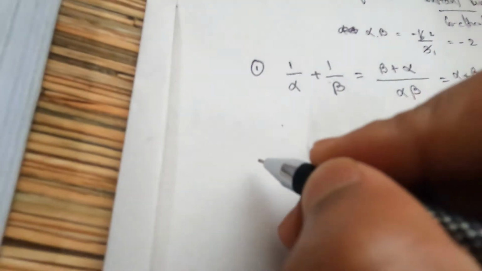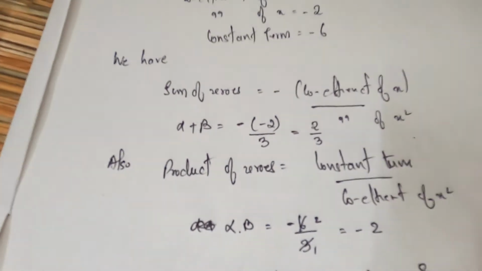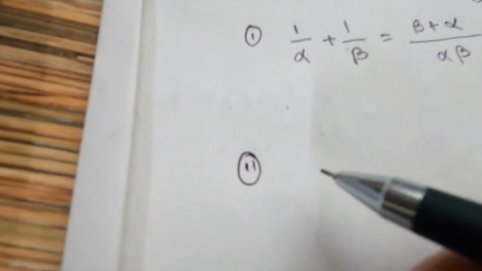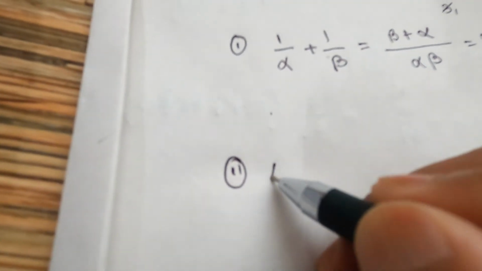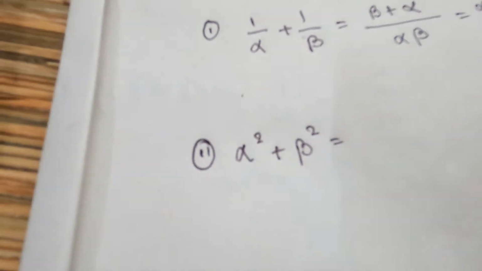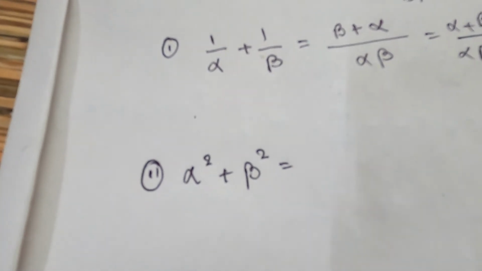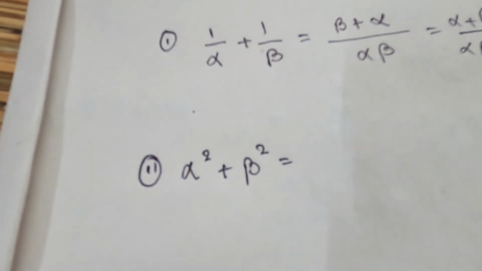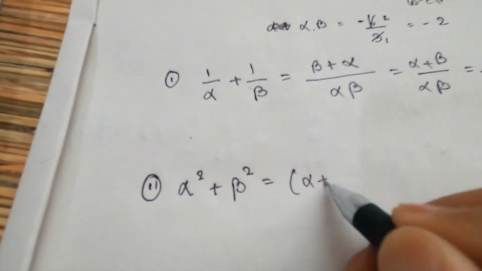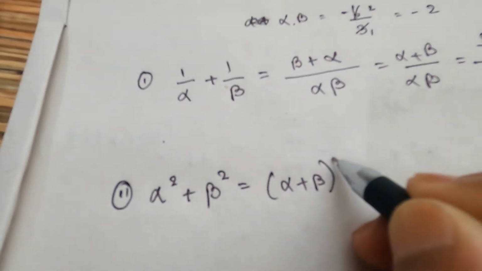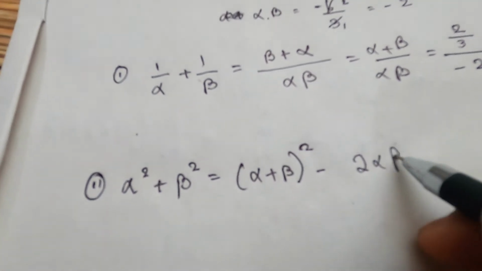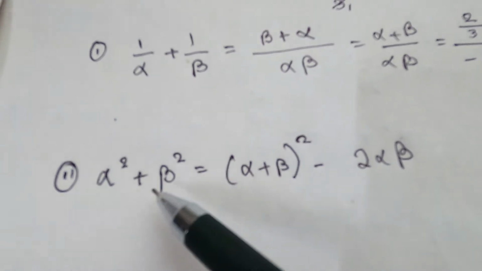Now for number 2, it will be exactly the same. Let us find the value of alpha square plus beta square. We can simply write it as alpha plus beta whole thing square minus 2 alpha beta.